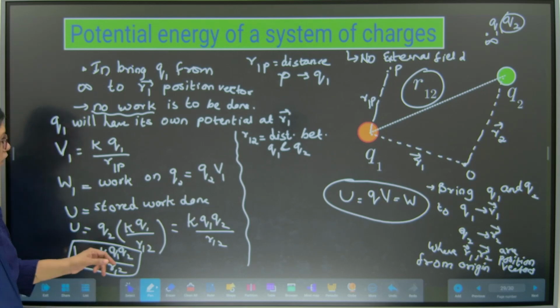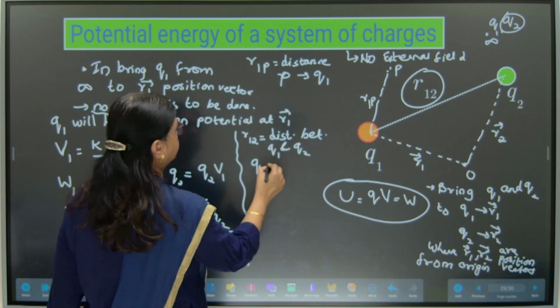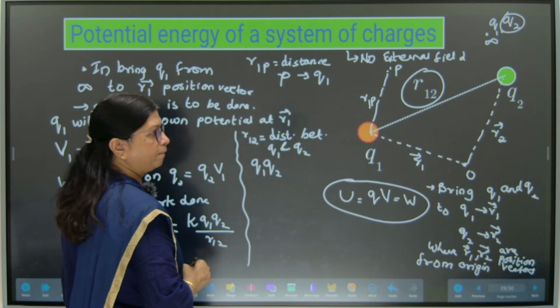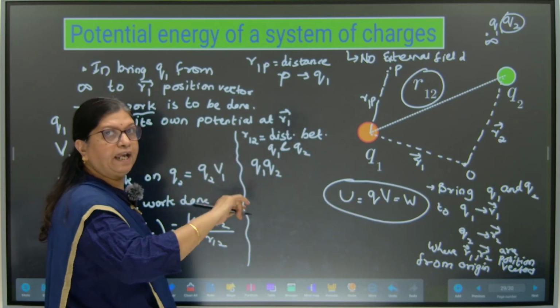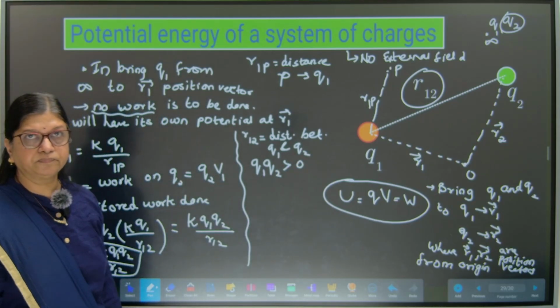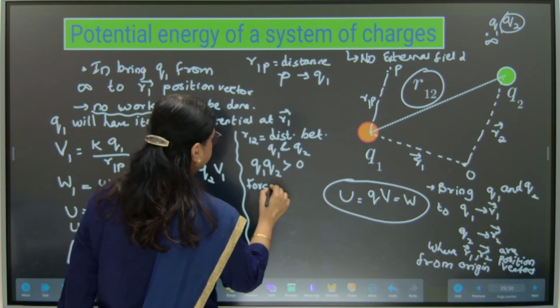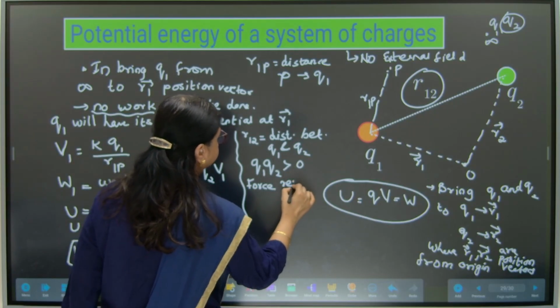Okay, now Q1 and Q2, if both are positive or both are negative, then Q1 Q2 will be greater than 0. The force between them is repulsive.